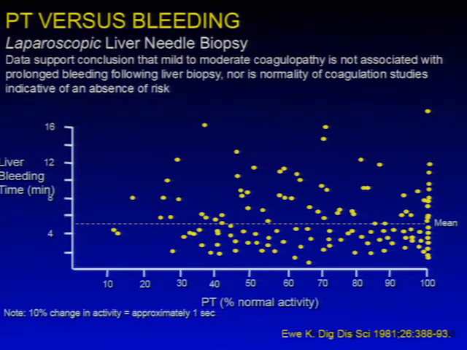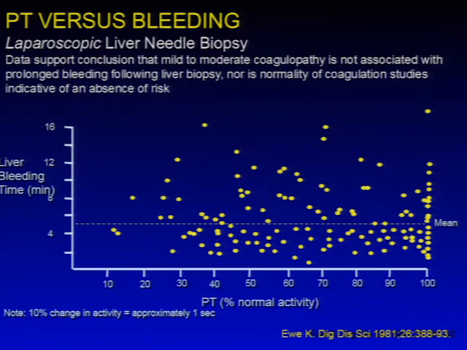So there have been multiple studies, even more recent studies, that have shown that no correlation has been found between observed liver biopsy bleeding time and platelet count or PT ratios. So it makes us wonder about the necessity, or whether we actually need to give as much FFP or plasma as we think we do.